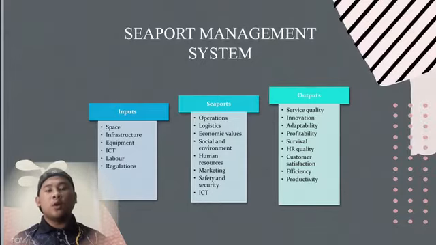When the inputs are well provided, the seaports can give customers the best services, whether in operations or in safety and security. This will lead to the output, which is efficiency in operation, productivity and also customer satisfaction. This causes many ship owners to be attracted to berth at Port of Singapore.